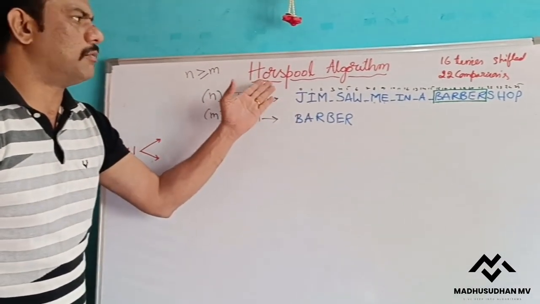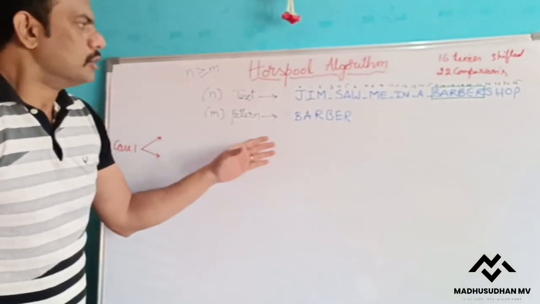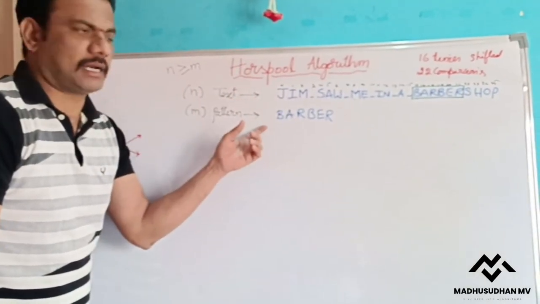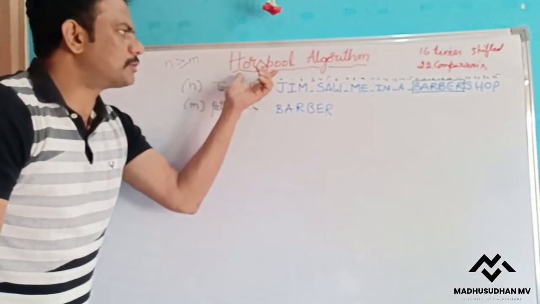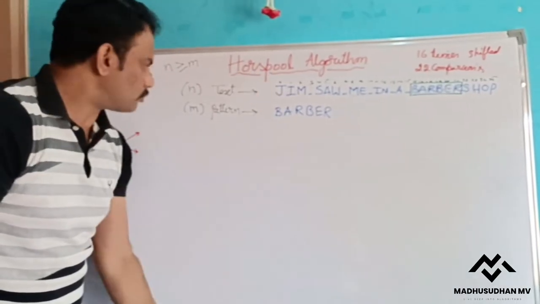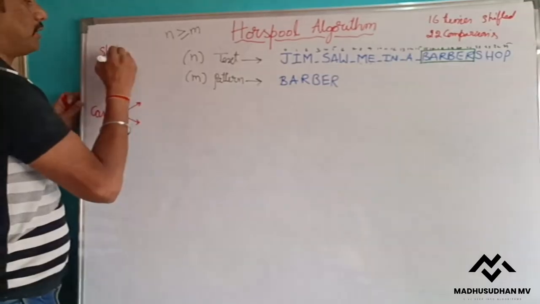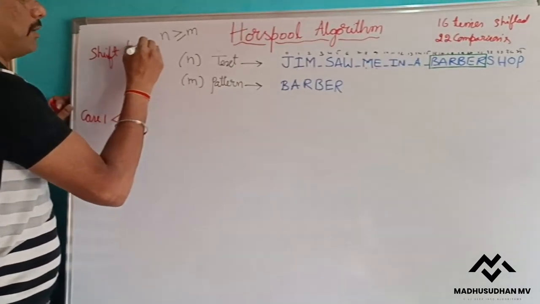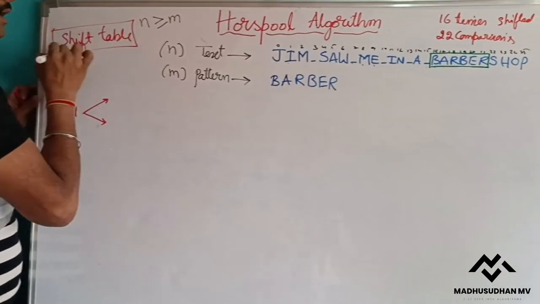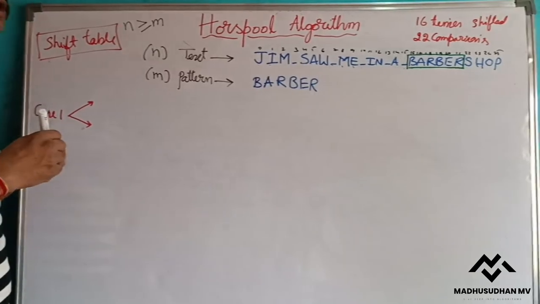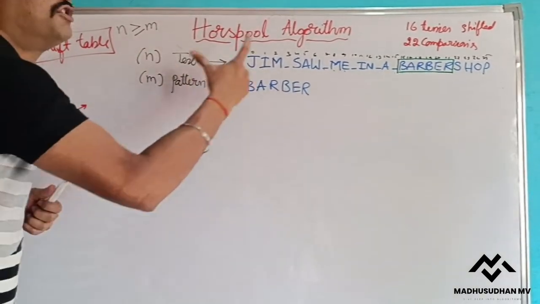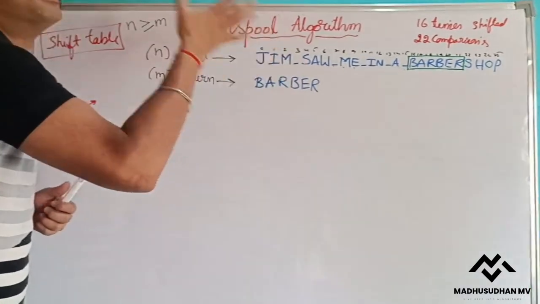Again, this Horspool algorithm uses the input enhancement technique. Given the text and the pattern, the Horspool algorithm creates a table called the shift table. This shift table decides how many positions we need to shift the pattern towards its right when a mismatch occurs.